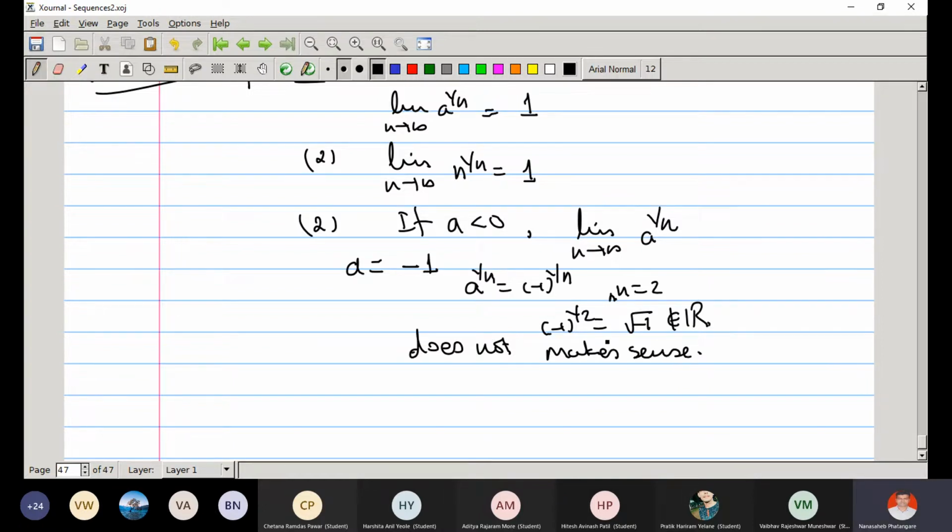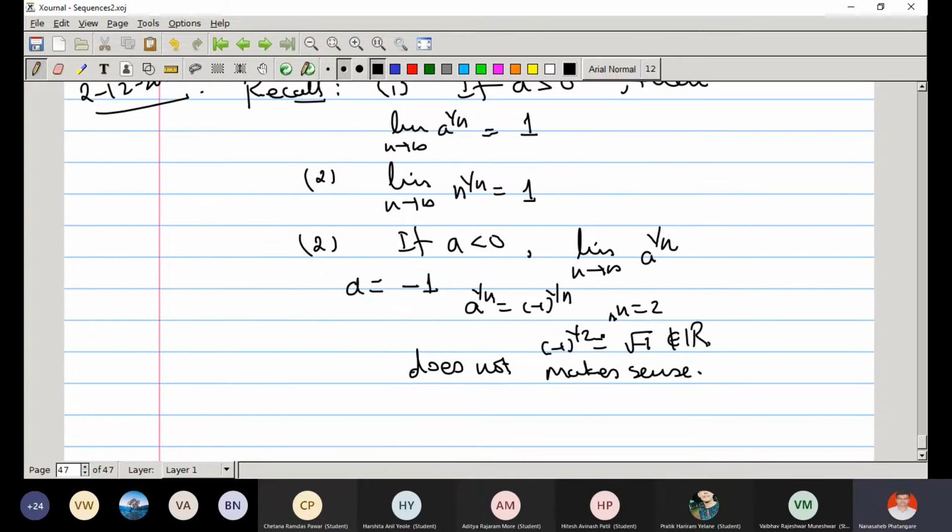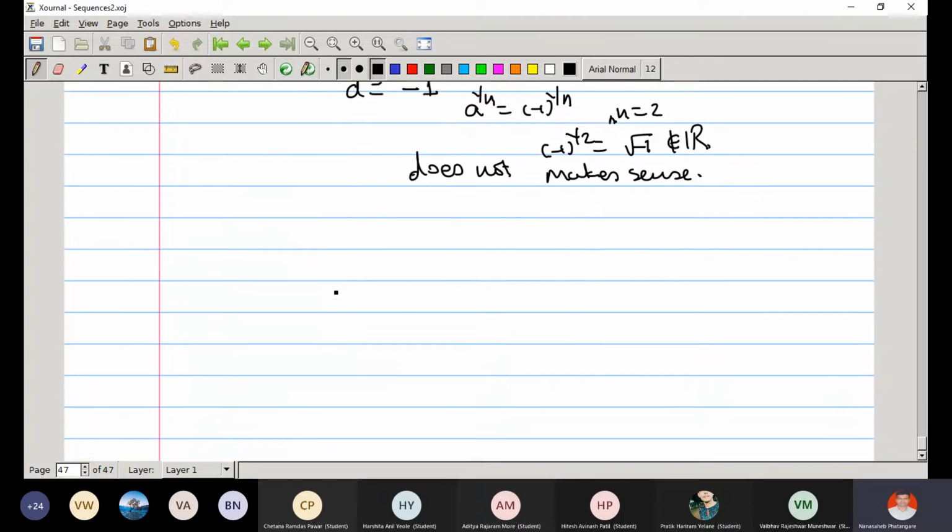Right, so we can just think about if a is positive. So also we can see that if a is positive, then what is limit a raised to n?